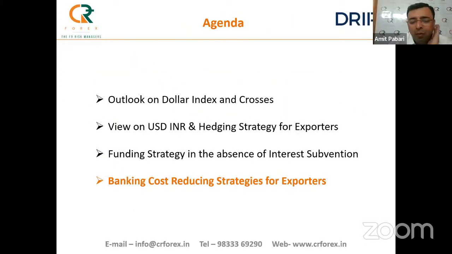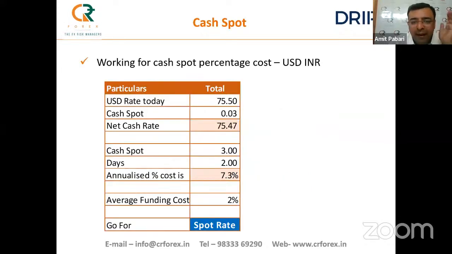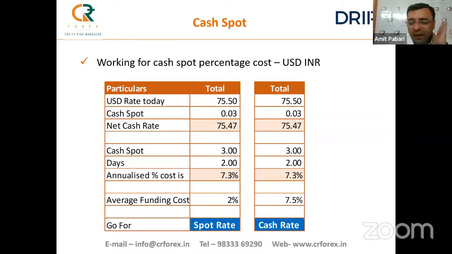Now, let me share a few ideas where you can save cost by negotiating with your bank. Generally, when we go for meetings, many clients say that whenever the money comes, we just go and take a cash rate. So I tell them, whenever you are taking a cash rate, you should evaluate one thing.